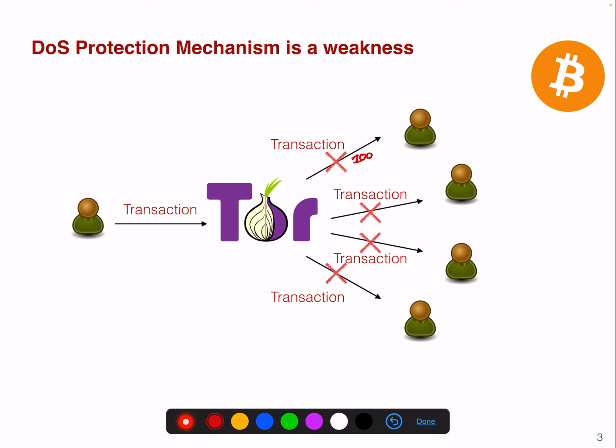And once you have this penalty, you're banned for 24 hours, right? Like this Tor exit node here cannot connect to this peer for 24 hours.